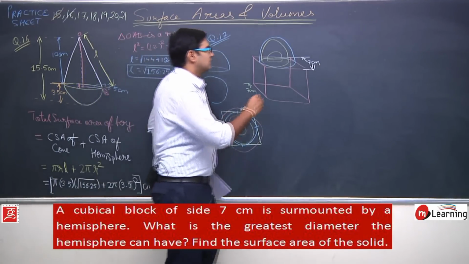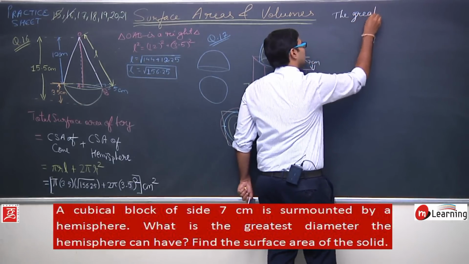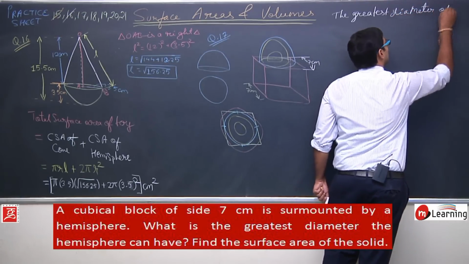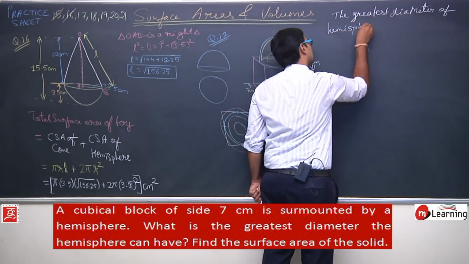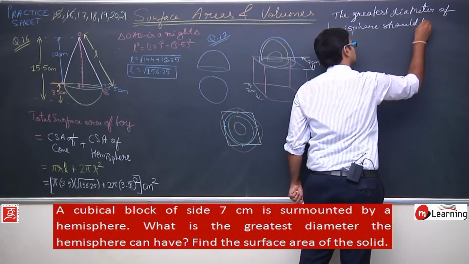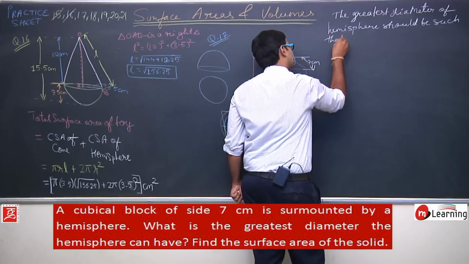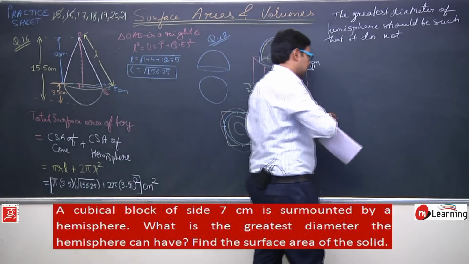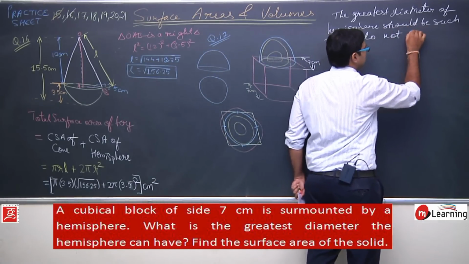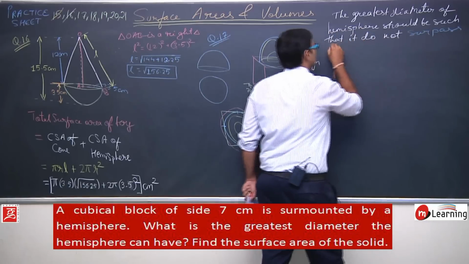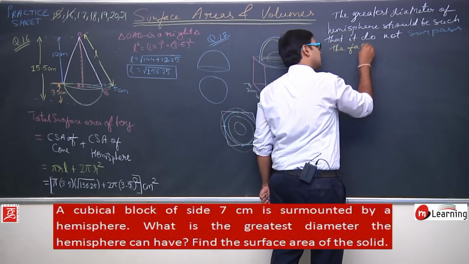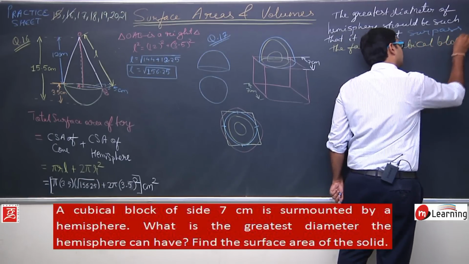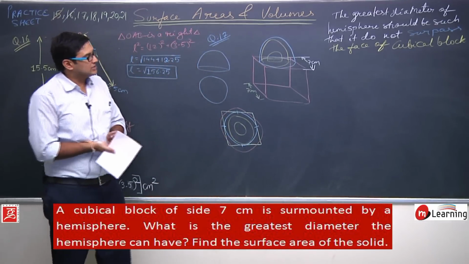So what I can write is: the greatest diameter of the hemisphere should be such that it does not surpass the face of the cubical block. Okay, it should not surpass the surface of the cubical block.